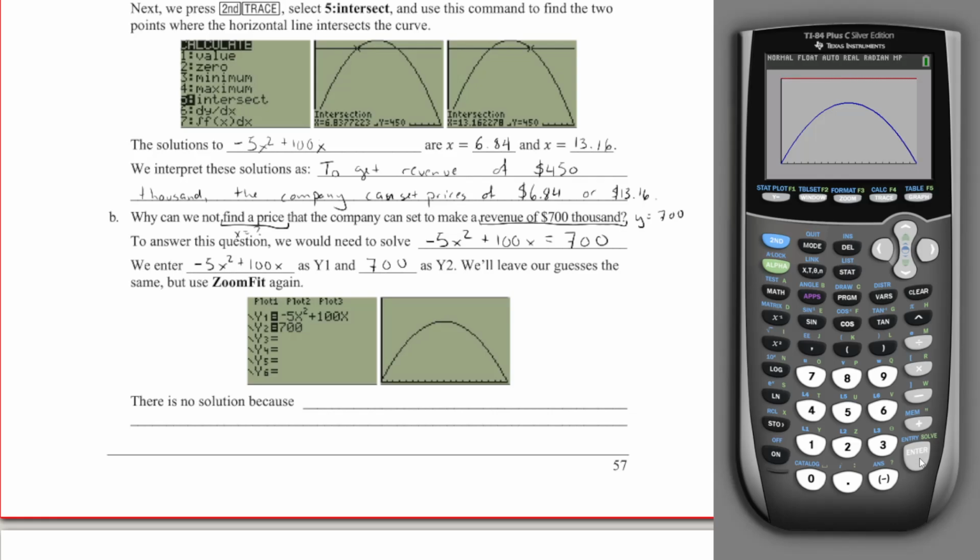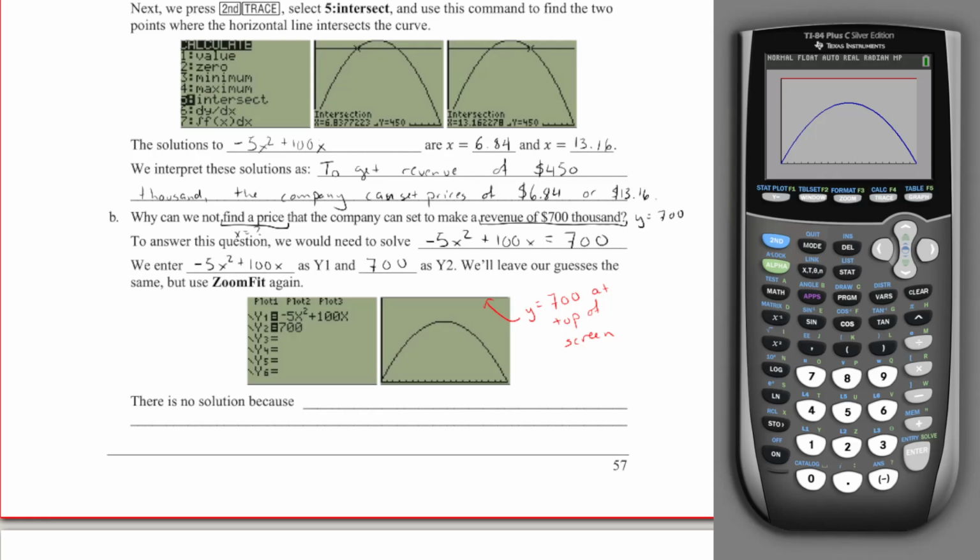And what we see here is that our horizontal line is just along the top of the screen. Right, that isn't super obvious in the screenshot. And so what's happening here is, my parabola comes up and comes back down again, but it never gets up to 700.